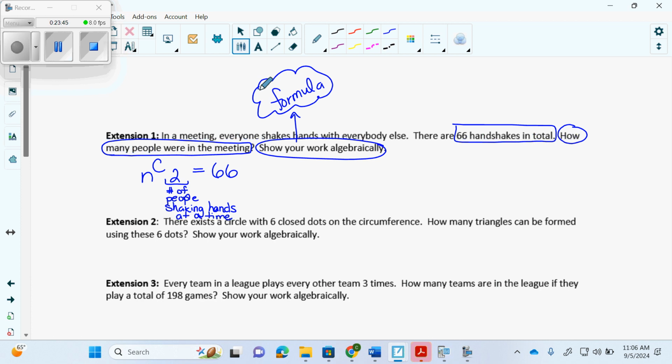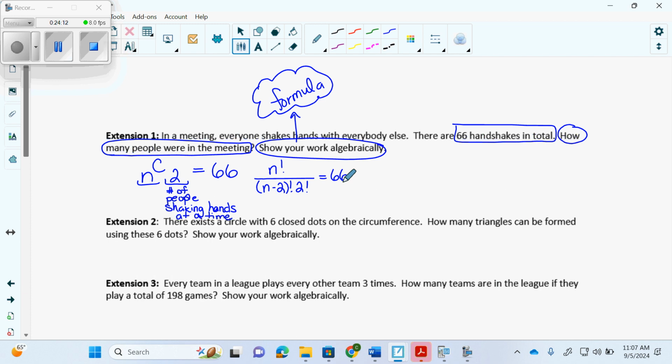So my N is N, my R is 2. So I'm going to go N factorial over N minus 2 factorial times 2 factorial equals 66. The difference between the C formula and the P formula is that extra R factorial on the bottom. How do I get rid of a division by 2 factorial?